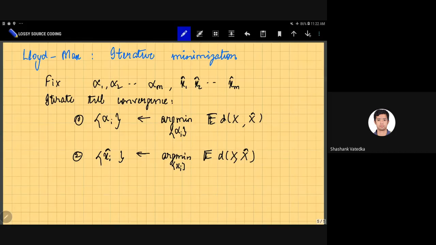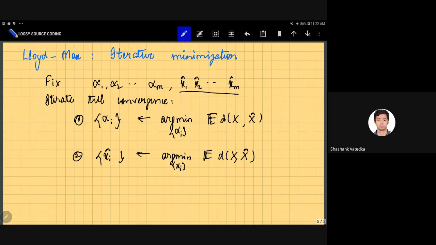There are two sets of parameters to minimize the mean squared error over. One is the thresholds, alpha 1, alpha 2, up to alpha m, and the other is the levels, x1 hat, x2 hat, up to xm hat. Instead of jointly minimizing over all of this at the same time, we'll do this iteratively.